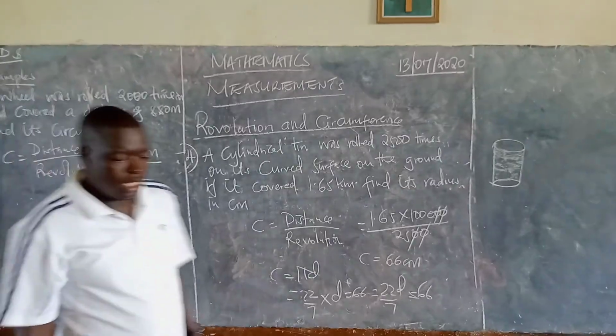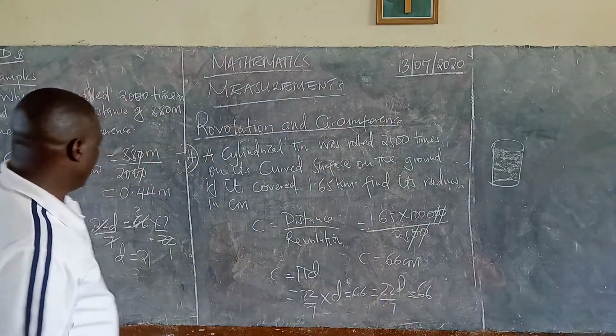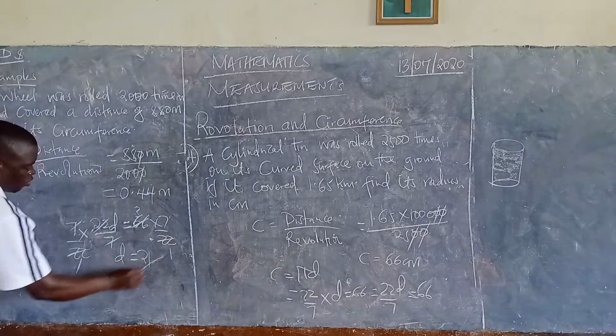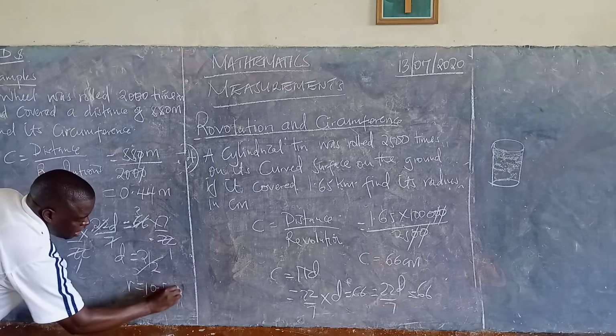So 21 is the diameter of this tin. But of course, the radius we divide by 2, so our radius is 10.5 centimeters.